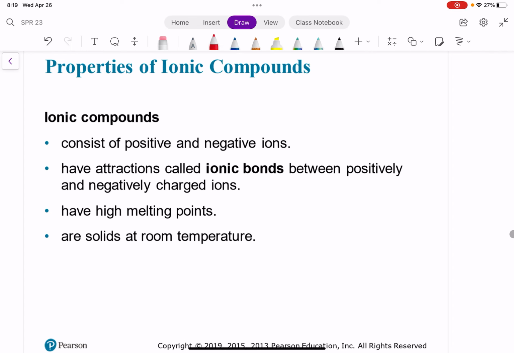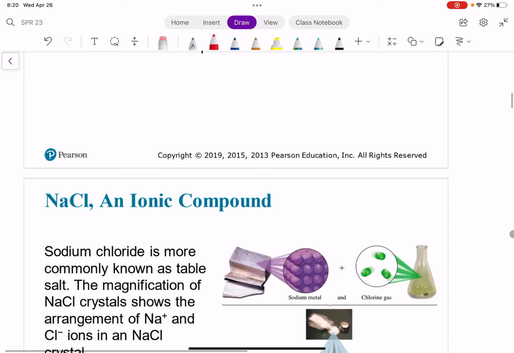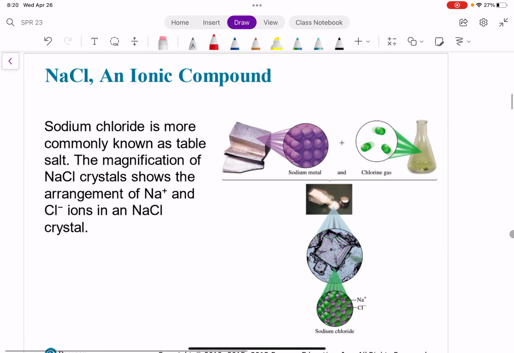That means it takes a lot of heat before they start melting, right? And they're solids at room temperature. So salt, we know, is a solid at room temperature, right? We use it on our food all the time. We don't have to store it in the fridge to keep it in a solid form like we do other things.